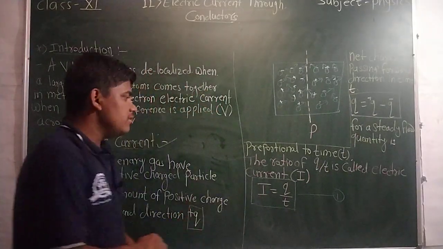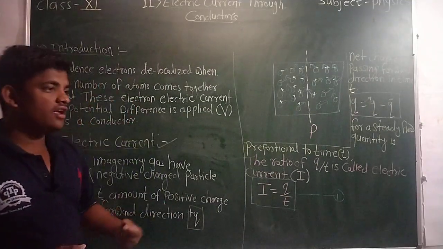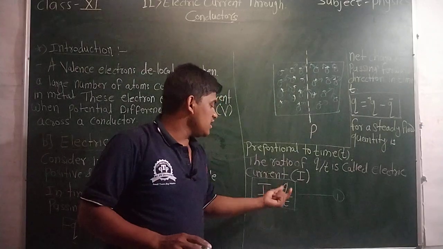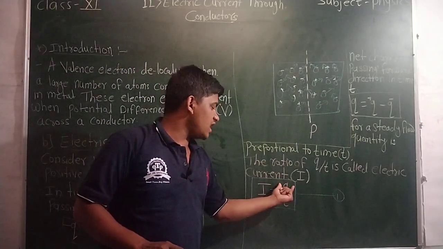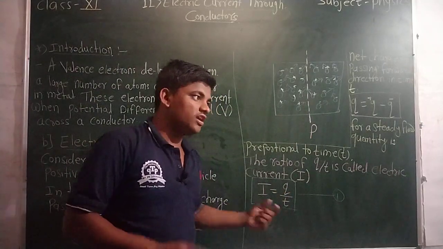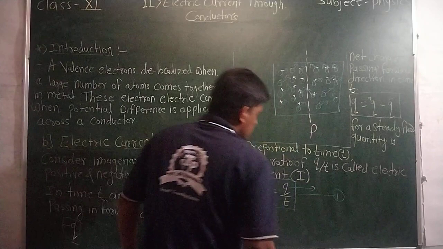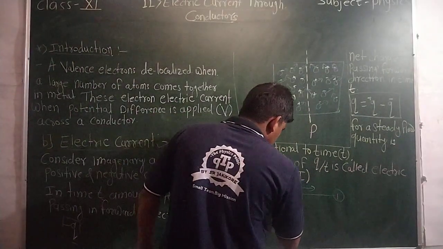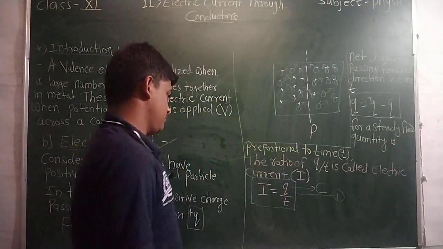And now I will discuss what is the SI unit of electric current. We find the SI unit with the help of the formula. The numerator is the charge q, and the unit of charge is coulomb.